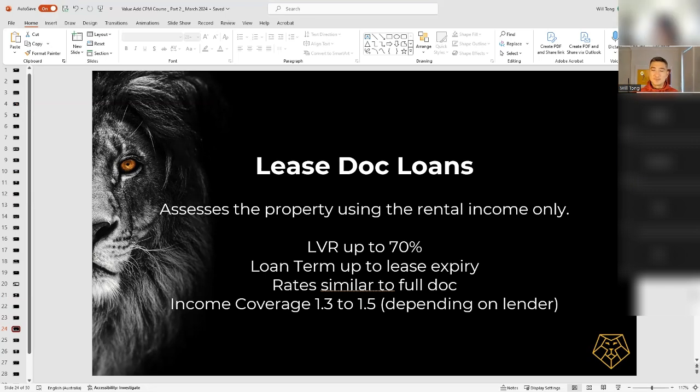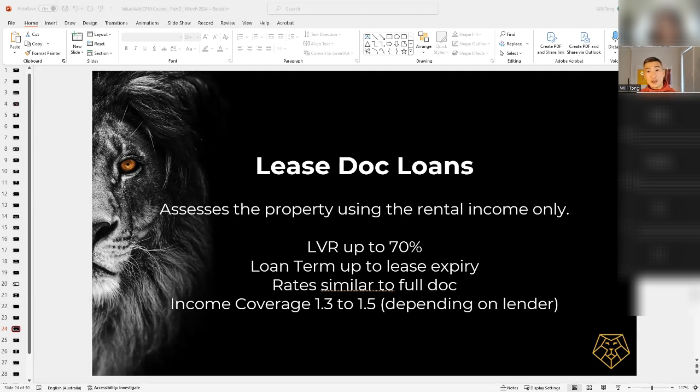With a lease doc loan, the lender assesses the serviceability on the asset only. So they don't look at your income statement, they don't look at your tax returns, they don't look at anything about you. It's only what the asset is producing by way of income, and they use that rental income to assess the serviceability.